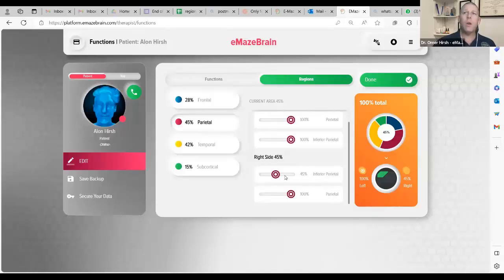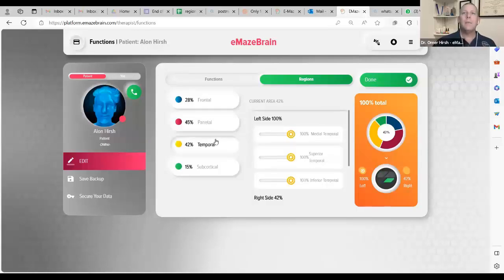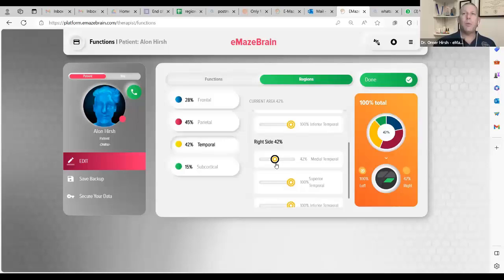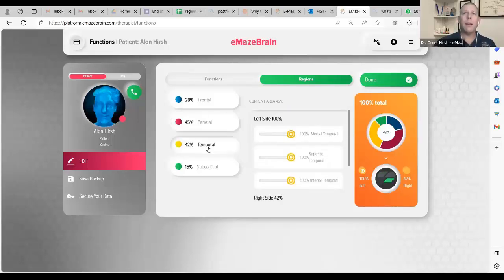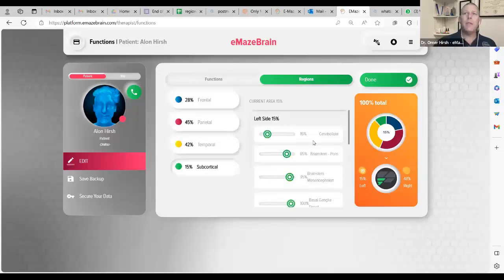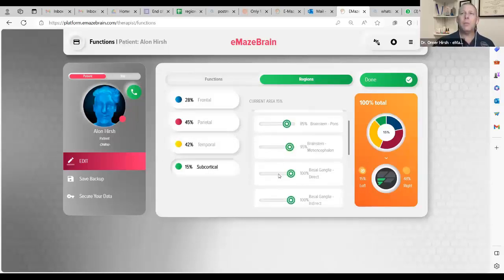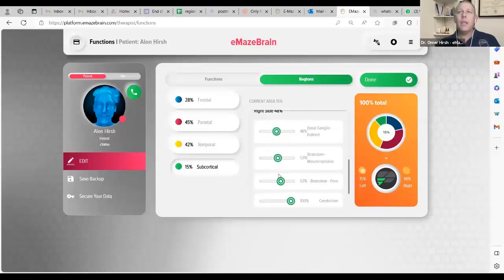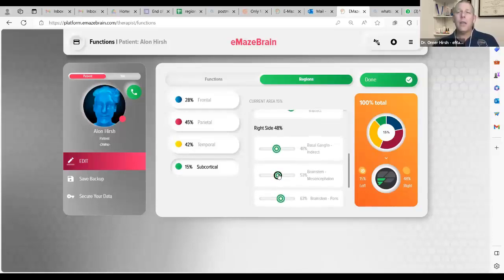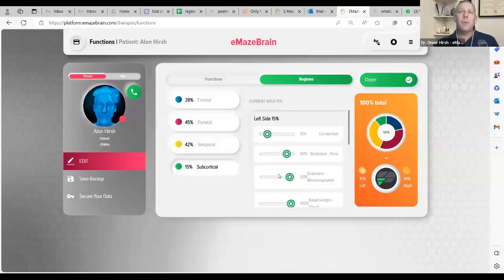So he's going to get maybe more math associated games, for example. I can do it more parietal or more temporal. So in this case, it's a little bit more parietal, a little bit more temporal than parietal. And I can have cerebellum, pons, mesencephalon, and the basal ganglia direct and indirect pathways on each side. Okay, so I can make it pretty interesting and pretty specific.